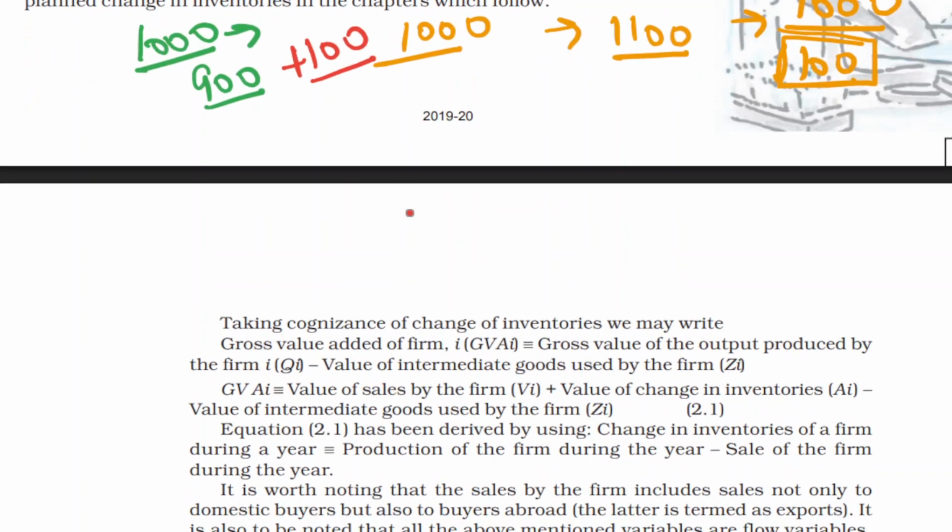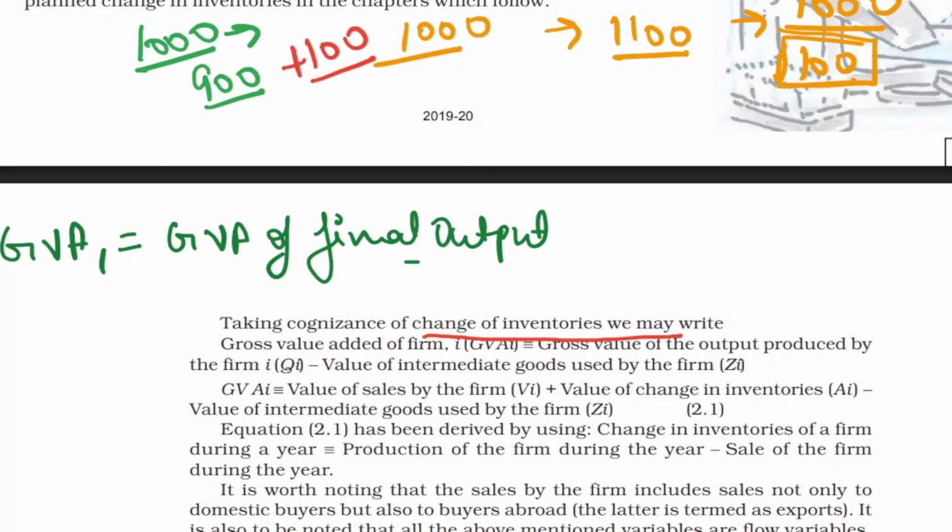Now what does this value added method say? We have taken into consideration the change in inventories. Now how are we able to calculate the GVA for one firm? First is the gross value added of final outputs.